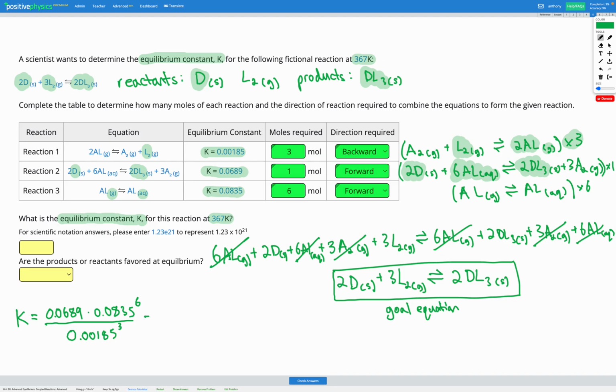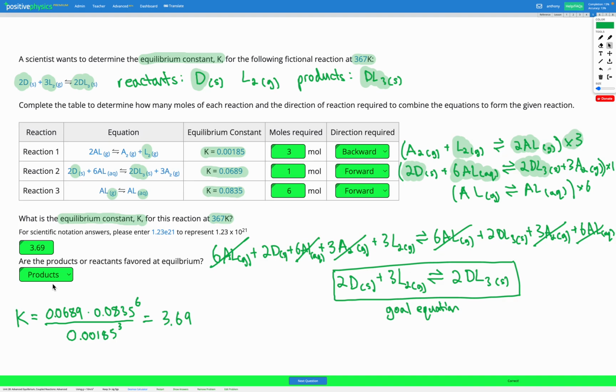So if we put that all into our calculator, that gets us an equilibrium constant of 3.69. So we can test that in this box here. Awesome. Okay. Finally, are our products or reactants favored at equilibrium? Since the equilibrium constant is greater than 1, that tells us our products are favored at equilibrium.